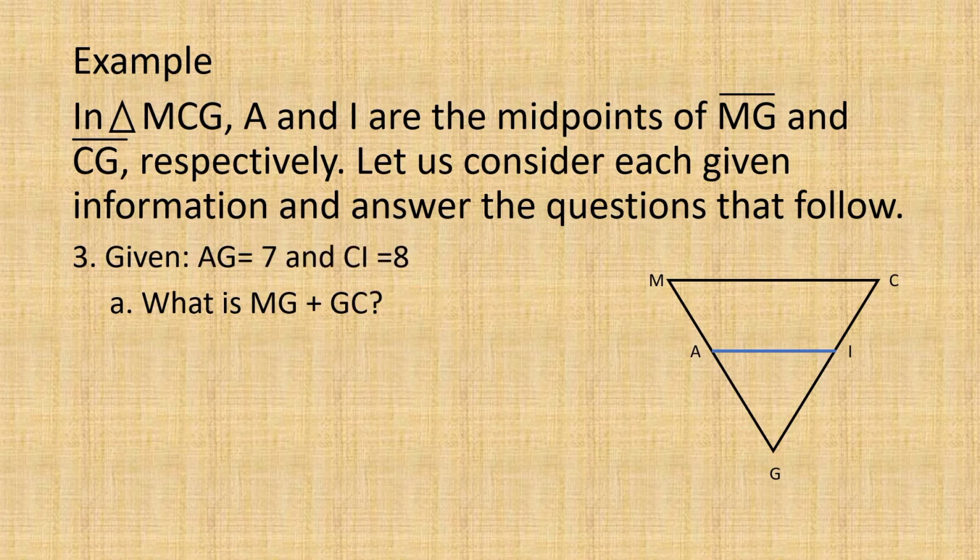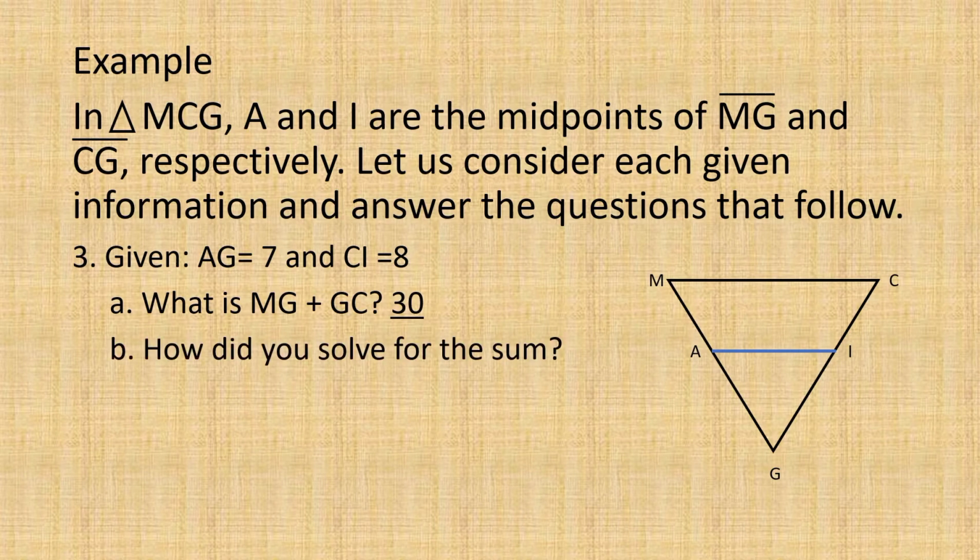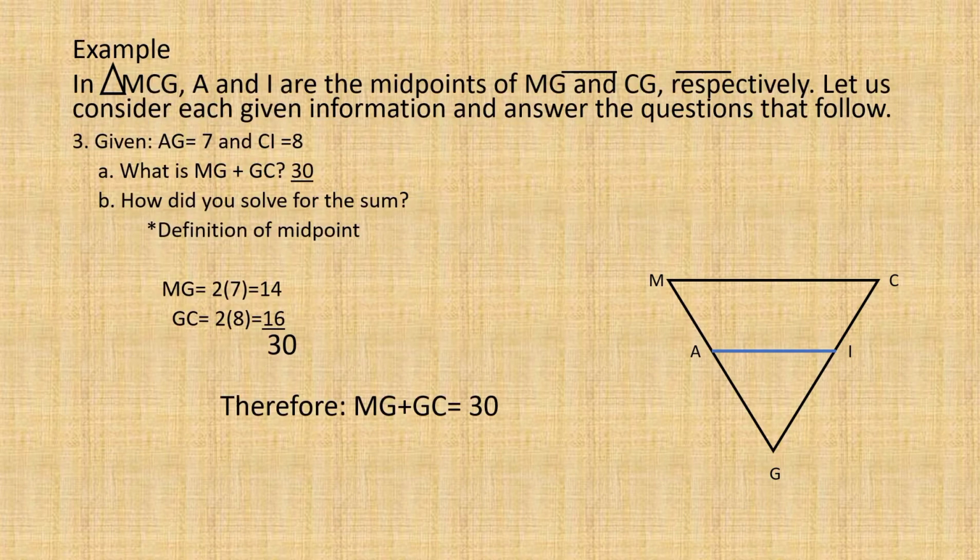Question number 3. Given that AG is equal to 7 and CI is equal to 8, what is MG plus GC? The answer is 30. How did you solve for the sum? By definition of midpoint, MG is equal to twice the length of AG.